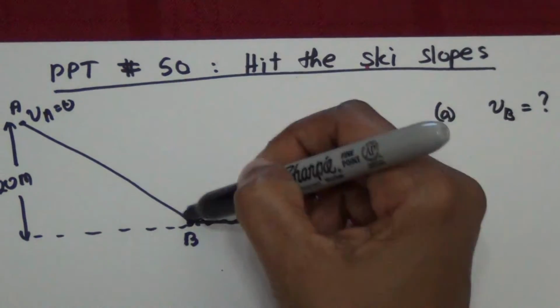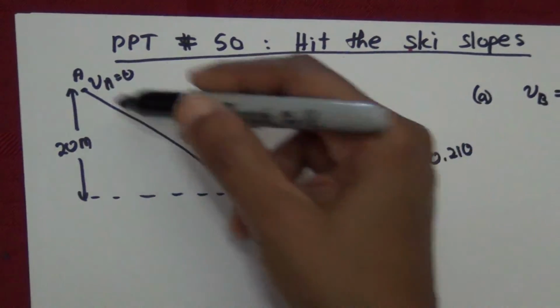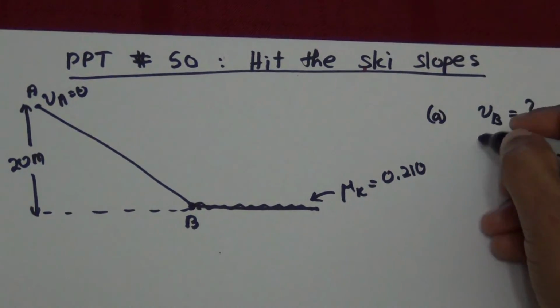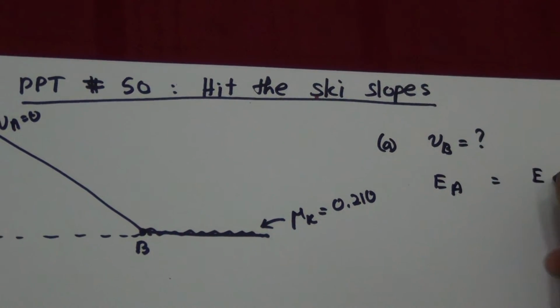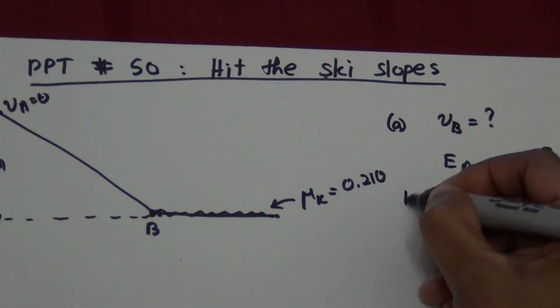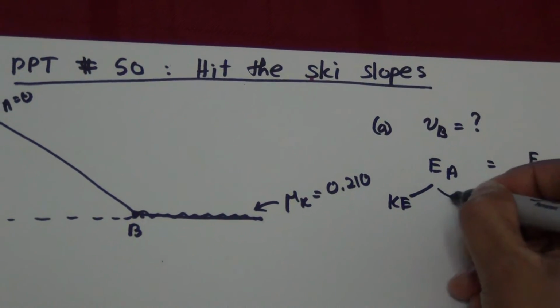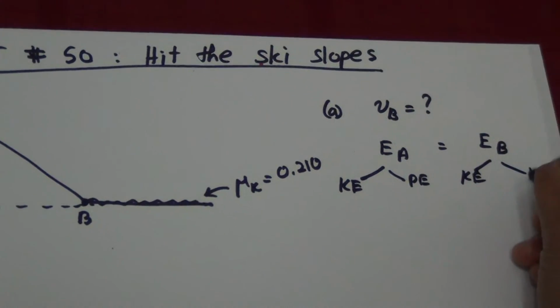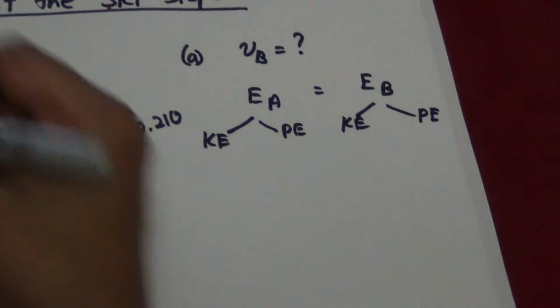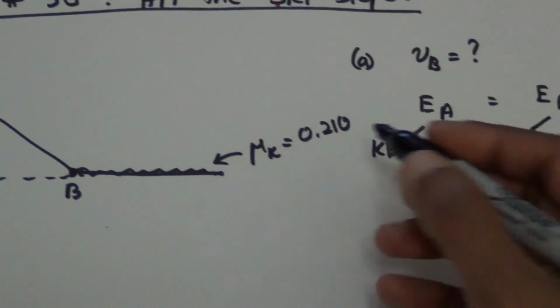So from here to here, no friction involved. So we can use conservation of energy. So as usual, EA is equal EB, and total energy means kinetic and potential, right? So let's take at A. So you know how to do that.